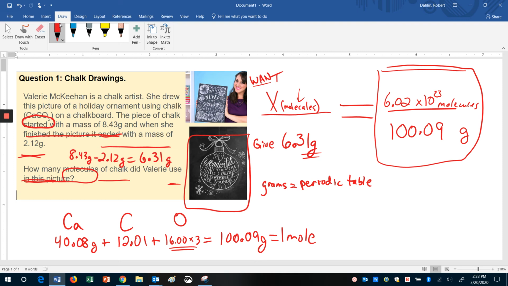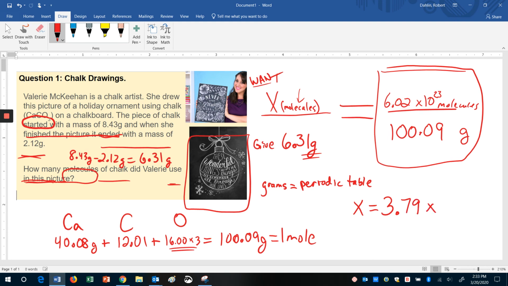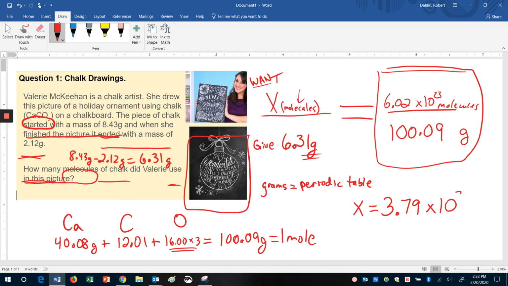And then divide that by my 100.09. And I'm left with this number right here. So I'm going to put it down here. X equals 3.79. It's a capital E on my calculator, but we need to know that that means times 10 to the 22nd power. And that's going to be molecules.